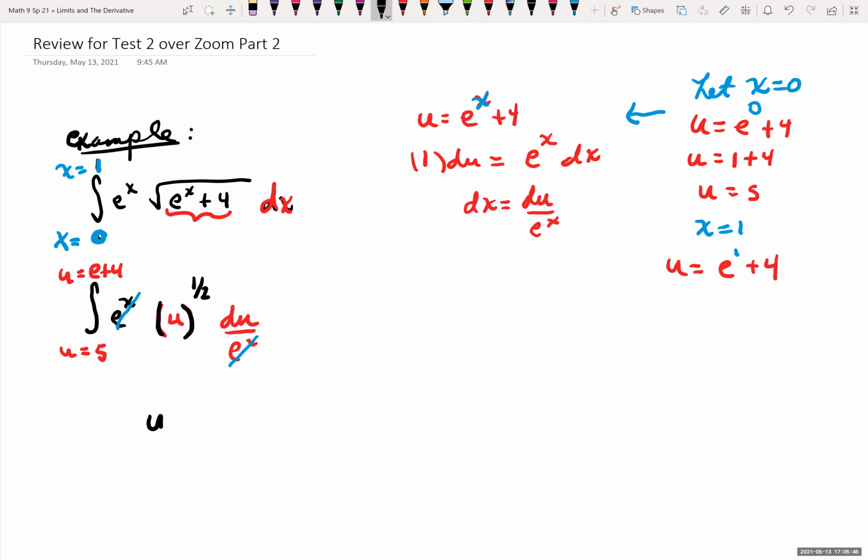We would add 1 to our exponent, so 1/2 plus 1 gives us 3/2. We divide by that new exponent, which is the same thing as multiplying by the reciprocal, because it's a fraction. So we're going to multiply by the reciprocal of 3/2, which is 2/3. And we're evaluating this from u equals 5 to u equals e plus 4.